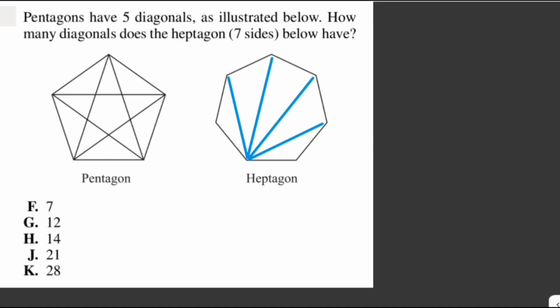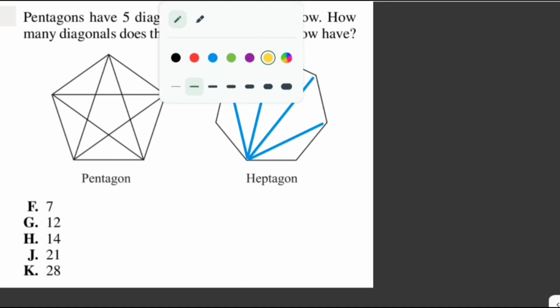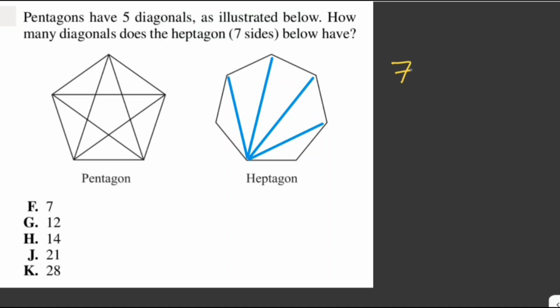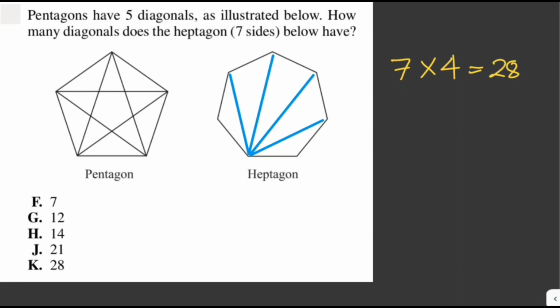we would create 4 diagonals. Since the heptagon has 7 vertex points, we just have to multiply 4 by 7. So that would be 7 times 4, and that is equal to 28. This would count each diagonal exactly twice.